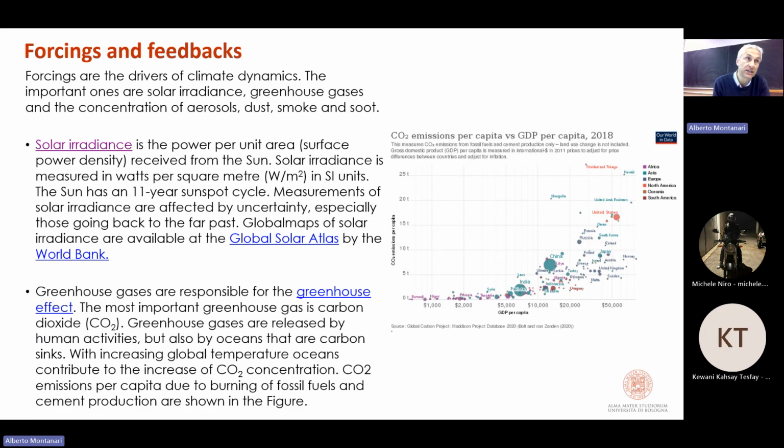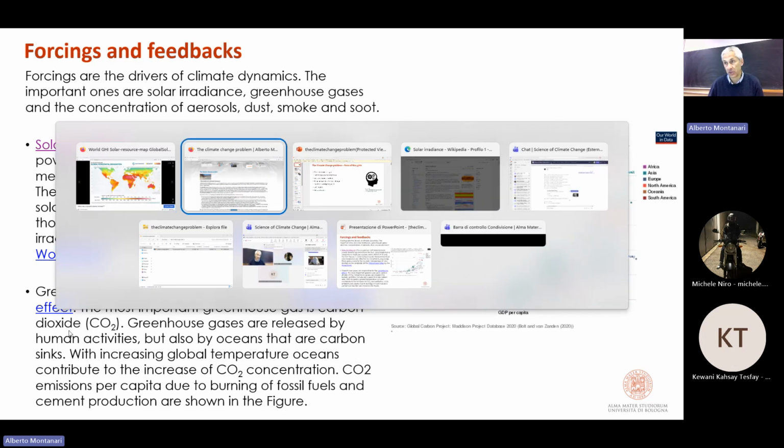And this makes the interpretation of the relationship between CO2 concentration and temperature more difficult, because you don't know if CO2 is responsible for the increase of temperature, or the increase of temperature is responsible for the increase of CO2.